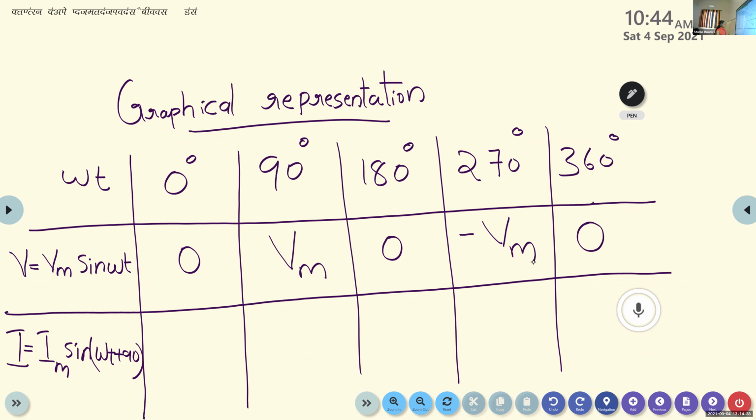Similarly, we can find out the value of current. The first phase angle is omega t equal to 0 degree. So I is equal to Im sin omega t plus 90, where omega t is 0. So 0 plus 90, that is 90 degree, sin 90 is 1. So I is equal to Im into 1, that is plus Im.